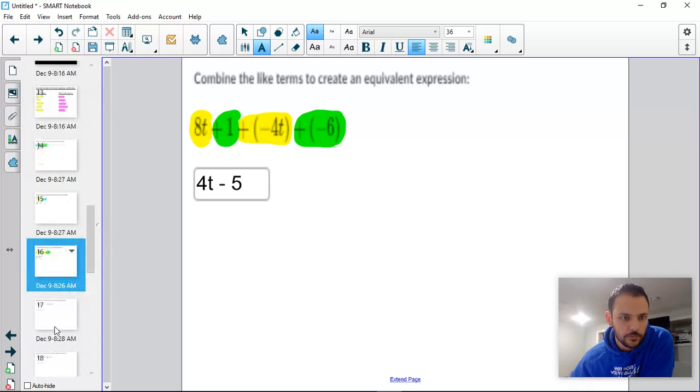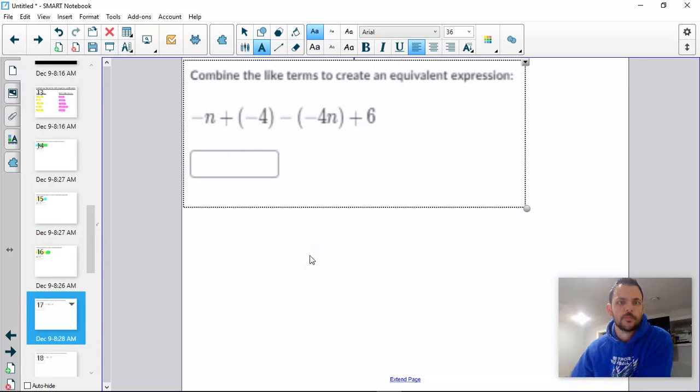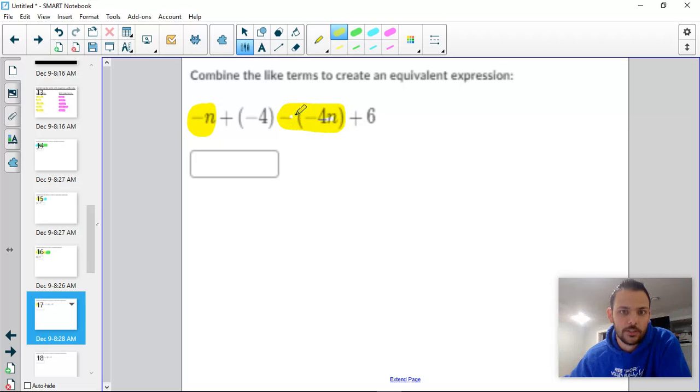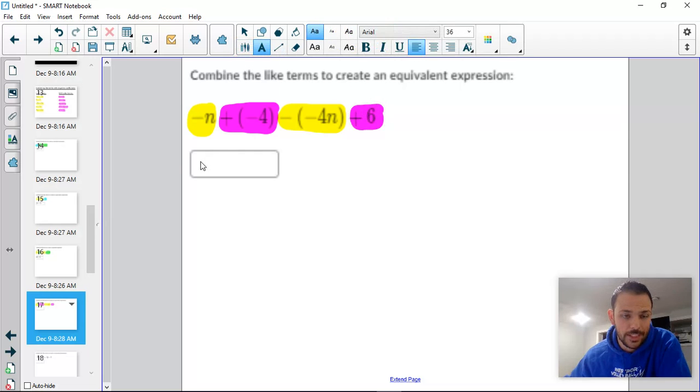All right. See another example here. And again, let's highlight our like terms. So we have an n here. We have a minus a negative in here, all right? And then on our numbers, we have plus negative 4, and we have plus 6, all right? So negative n, that means negative 1n, right? We've talked about that.